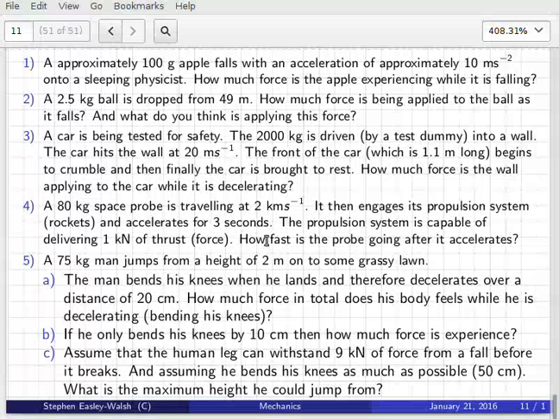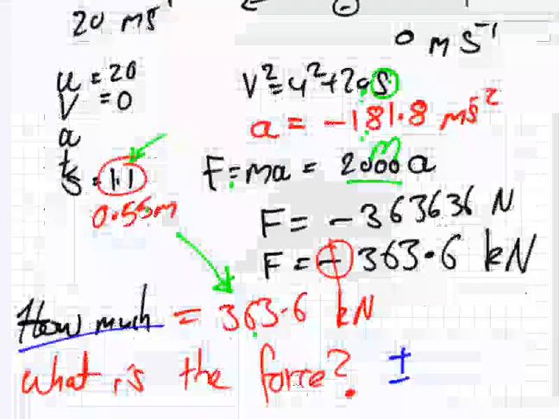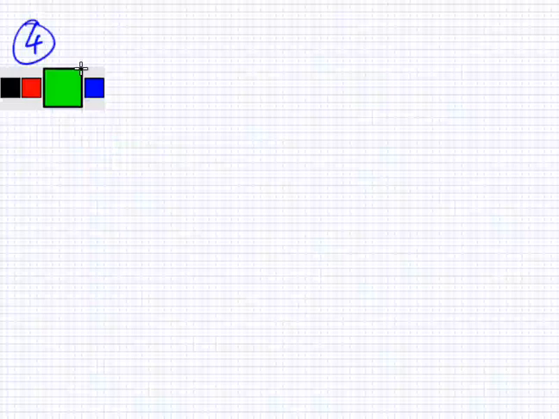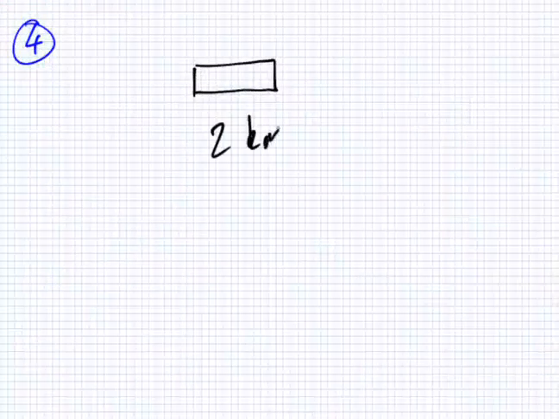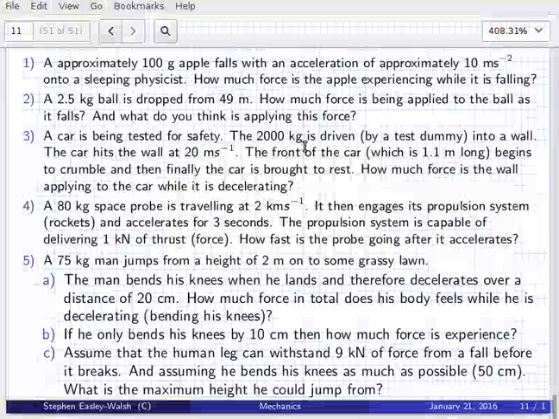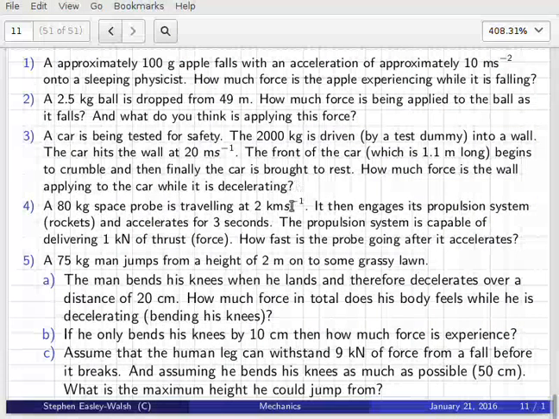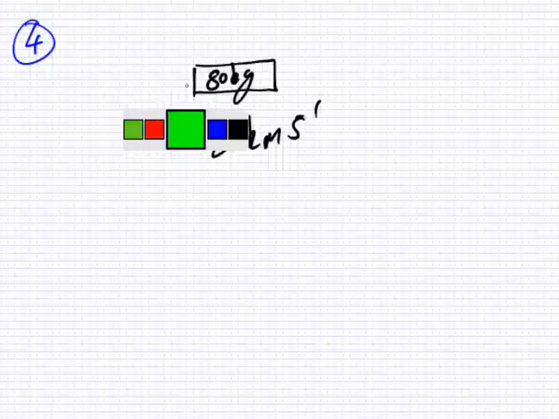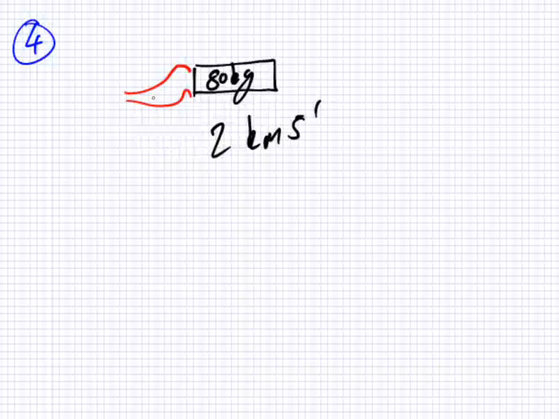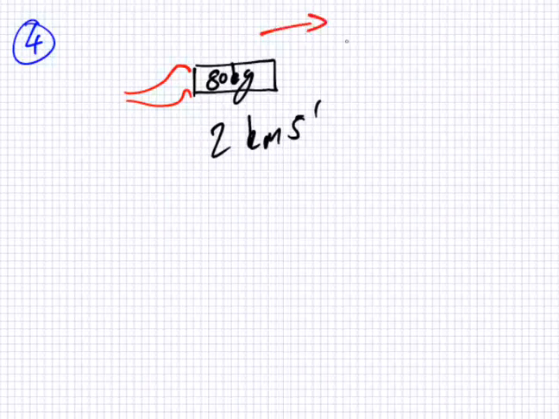Now notice, only the front of the car changes its shape. But if you see here, the rest of the car, its shape stays the same. This is done on purpose. You want this front to be big, not small, because if you go back to the question here, imagine I change this number, I don't make it 1.1, I make it half, 0.55 meters. How will my answer change?